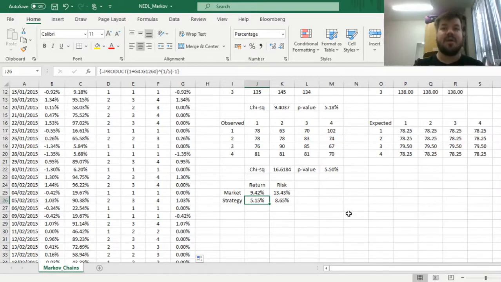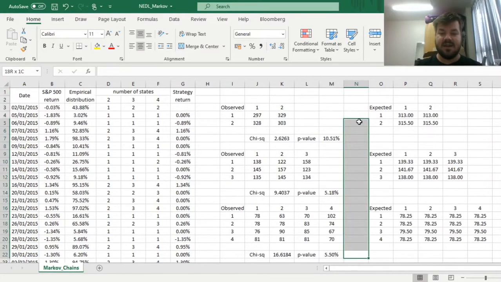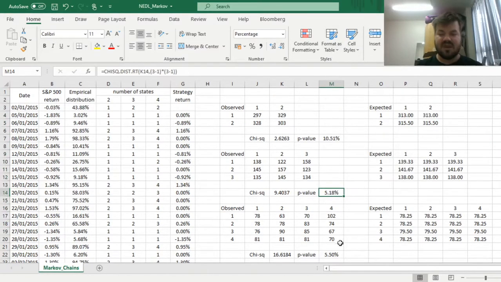It's comparable to the decrease in return we experienced when opting for the Markov chain strategy with the number of states equal to 3. But the reduction of risk is not that material, from 9.4 to 8.65. And it kind of corresponds to the fact that in those 2 cases, we do not gain anything in terms of the p-value.